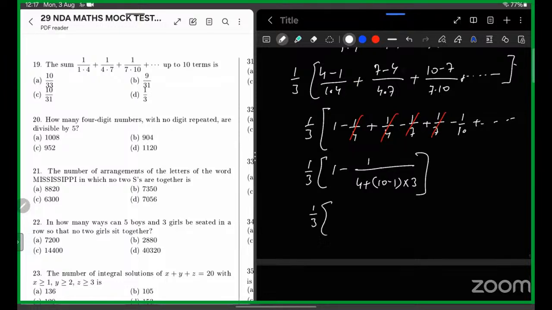That means 1 by 3 into 1 minus 1 upon 27 plus 4 is 31. So I will be getting 31 minus 1 is 30 upon 31 into 3, equal to 10. You are going to get 10 by 31.